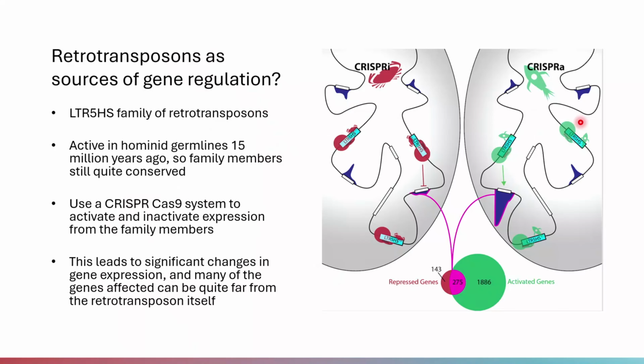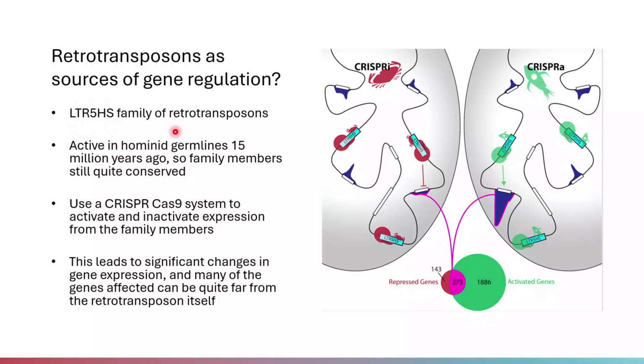What else? Okay. Now, what we're discovering now is a little bit more interesting. So retrotransposons seem to be regulating genes. And this is a bit weird. It's not understood very well. But one of the retrotransposon families, LTR5HS, LTR, so now you know what type it is, and then just family 5, and this is the name of the retrotransposon, which was active about 15 million years ago, is still conserved.